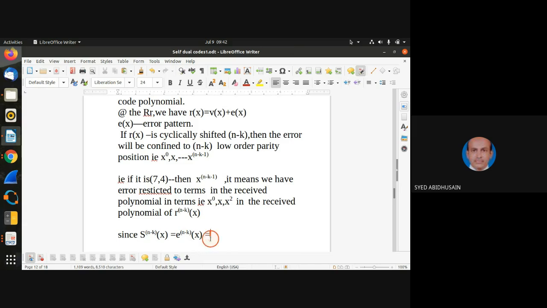and this is equal to e k plus e k plus 1 into x plus dash dash dash plus e suffix n minus 1 x raised to n minus k minus 1.